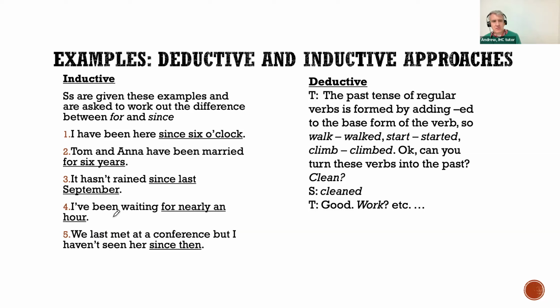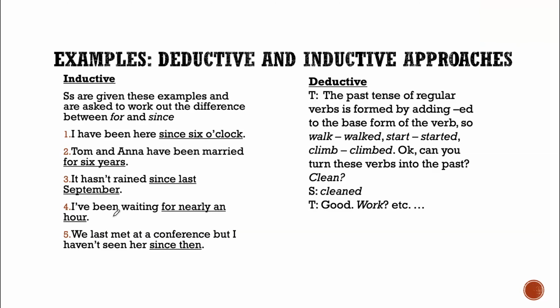Christian, could you read number 1 for us, please? I have been here since 6 o'clock. Okay, great. Number 2. Tom and Anna have been married for 6 years. Paula, could you read number 3?